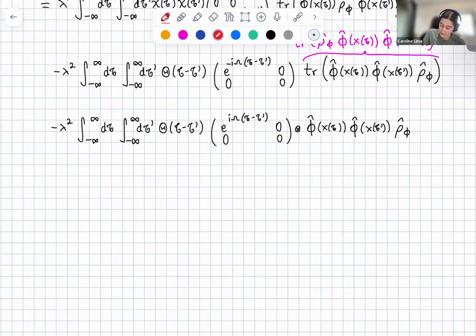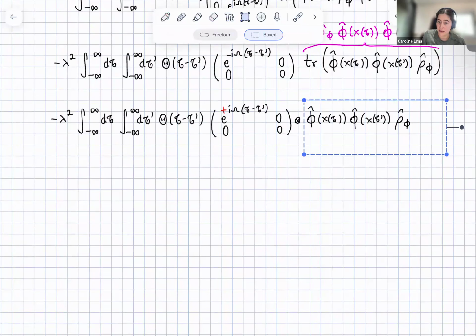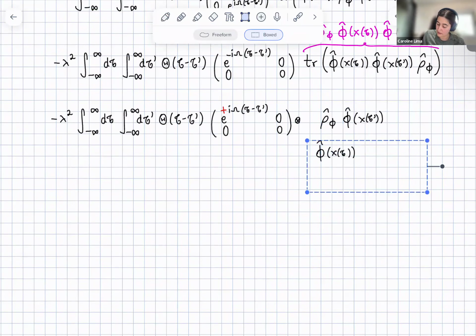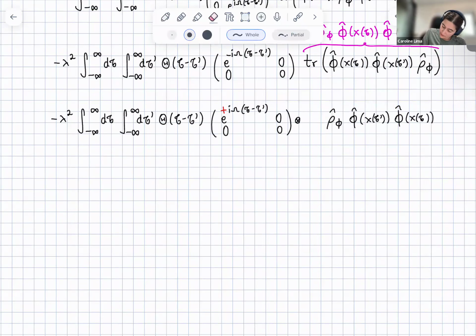So I'll get a plus sign here. And then when I take the Hermitian conjugate here, I will get a rho phi first, and then this phi of x of tau prime, and then this phi of x of tau, right? So now finally I can take this trace. So this is the trace that I get here.